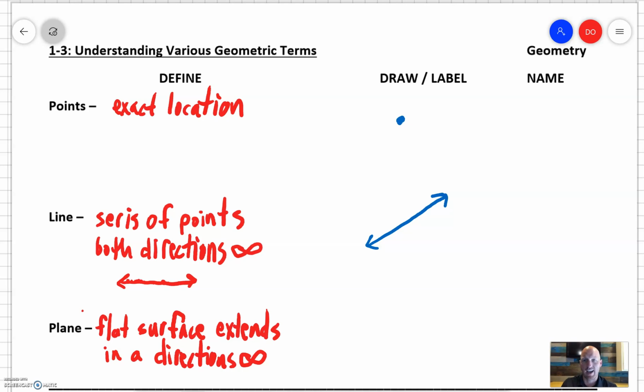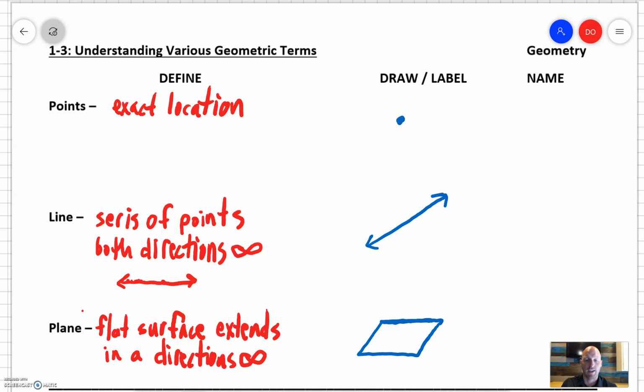And to represent a flat surface in geometry, we draw this parallelogram-y looking figure. If you were working on a desk right now, or on a laptop, if you kind of tilt your screen and look at it with a little bit of angle, it would look not like a perfect rectangle, but like a parallelogram.